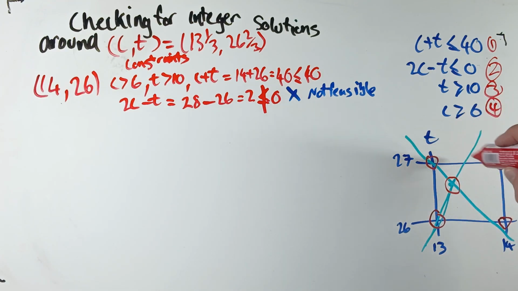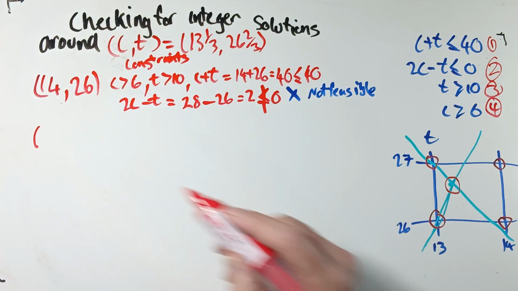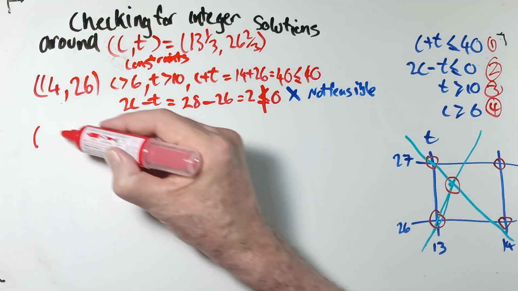The constraints actually go around here in this space here, but we've got to check it because the graphical method isn't showing that very clearly. So let's check the next one out here, which is 14, 27.